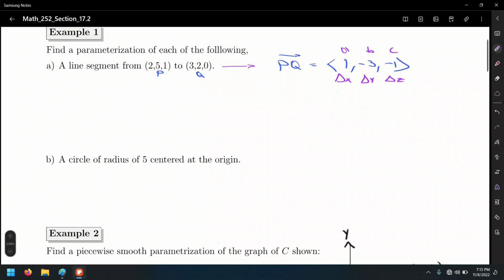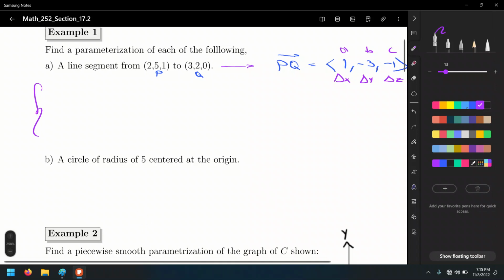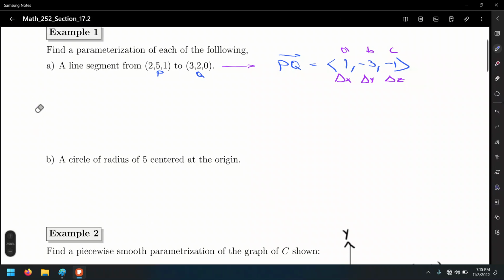So, a parametric equation for a line contains an x component, a y component, and a z component. We multiply the x component of the vector, which is 1, times the variable t, plus the value of x in the initial point, which in this case is 2.